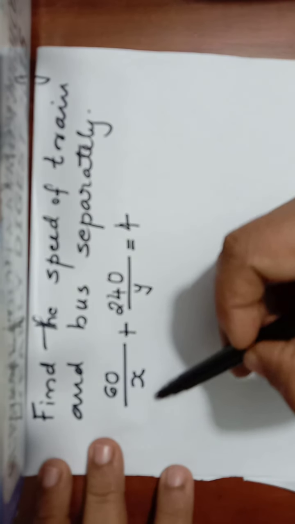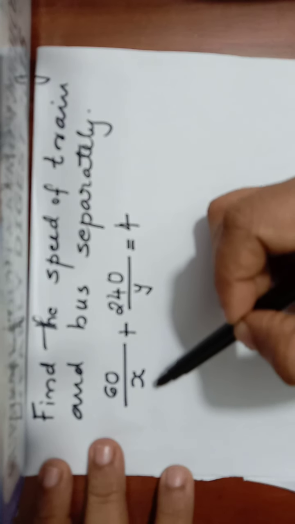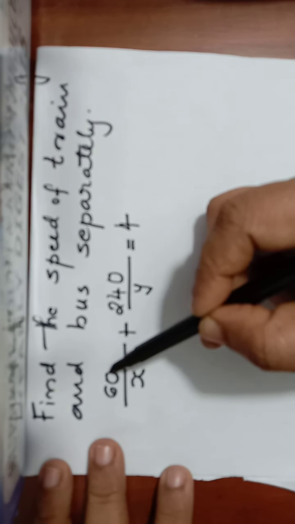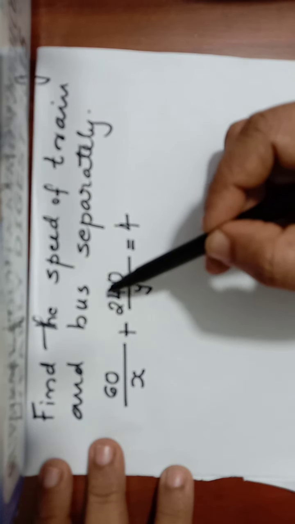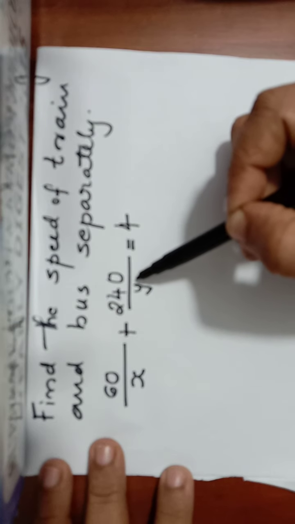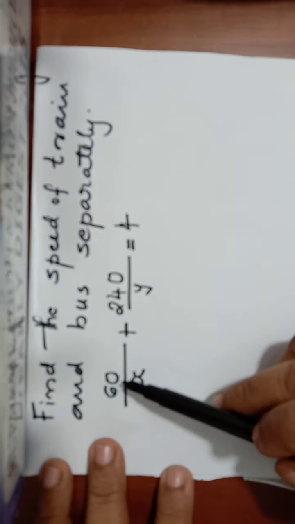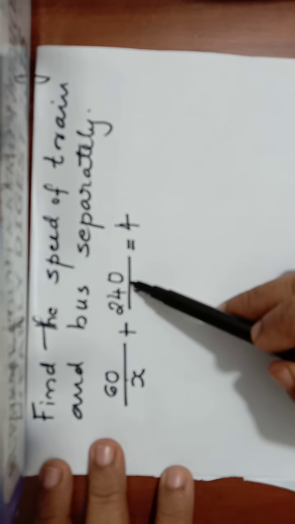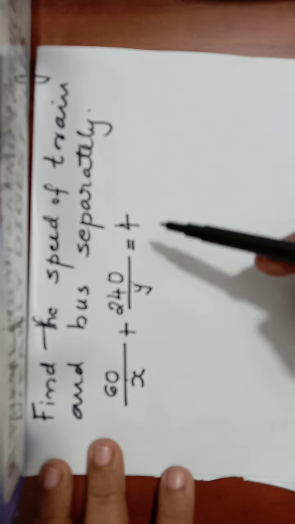First is the time taken by train, distance by speed of the train, plus time taken by bus, distance traveled by bus divided by speed of the bus. Total time taken by train plus time taken by bus equals 4. This is our first equation.